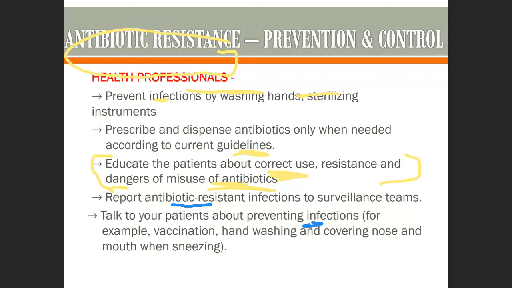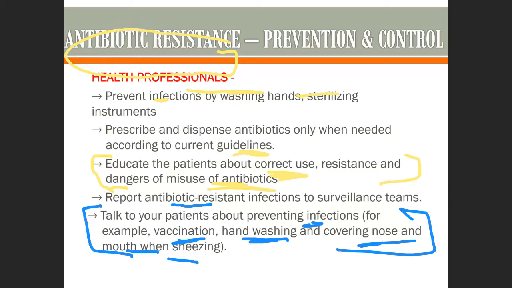We are taking vaccinations, hand washing or sanitizing our hands, and covering the nose and mouth when sneezing. These are the basic things we tell patients when they go to a public place or gathering, an infectious area, or a hospital, where they are more prone to get infected. In those areas, he has to do these things to prevent infection.